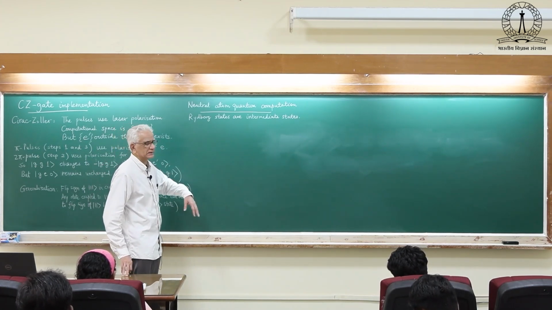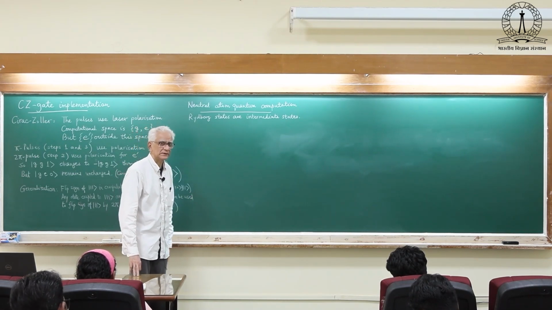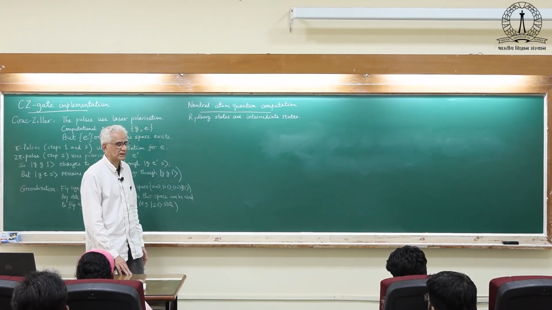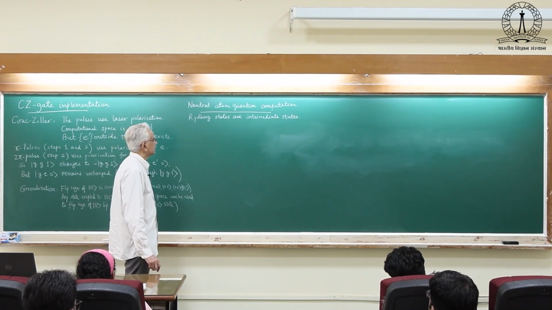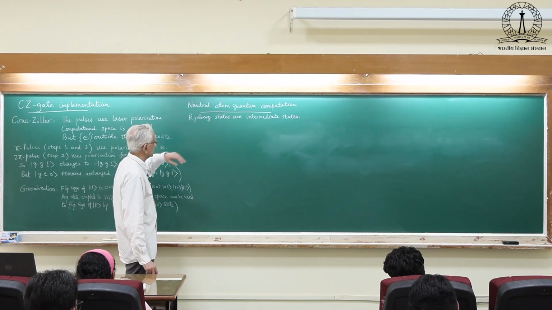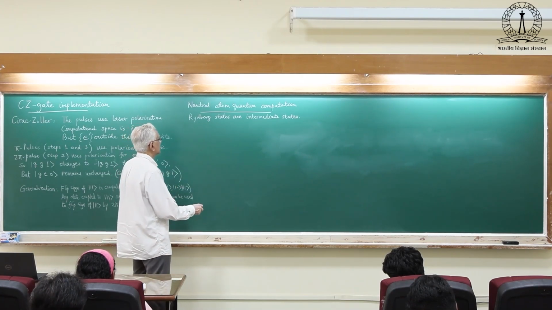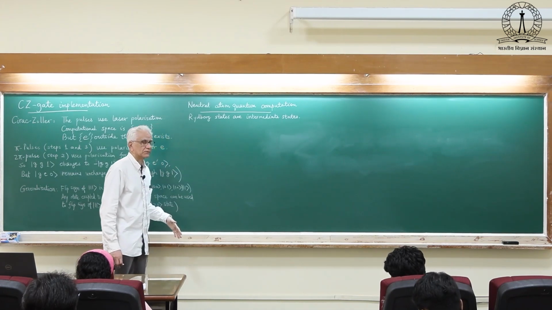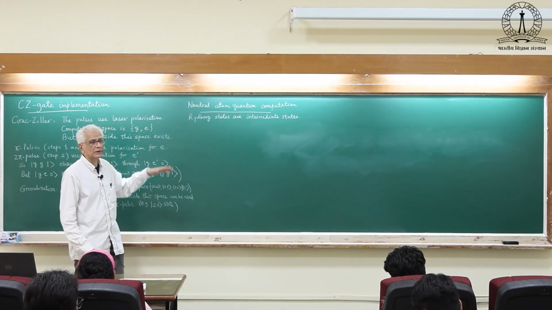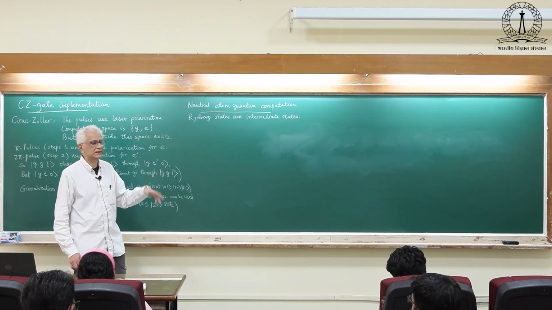But this intermediate state can live with shorter coherence times as well. And that is important because last time I mentioned that there are decays which you cannot avoid. One of them is spontaneous decay of these states.